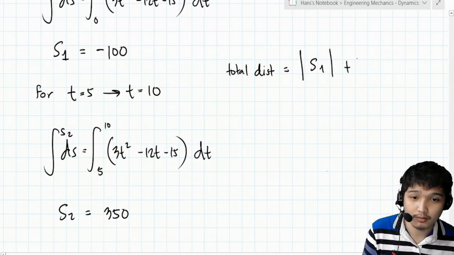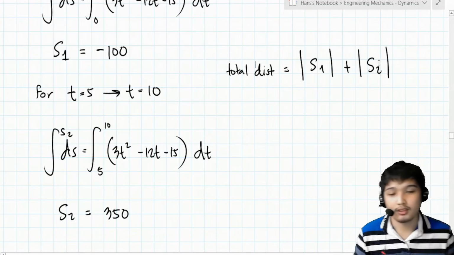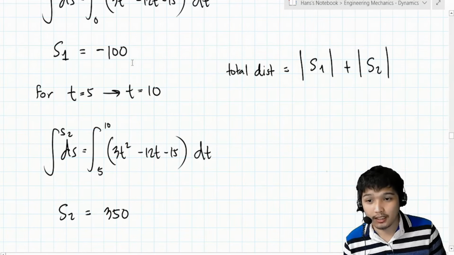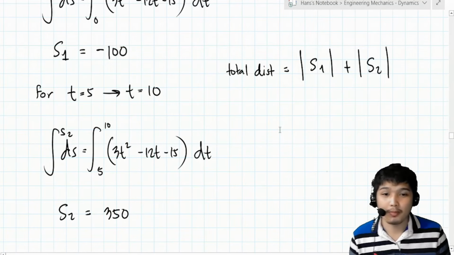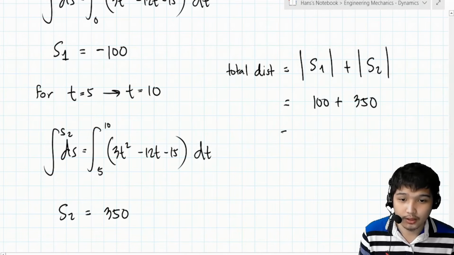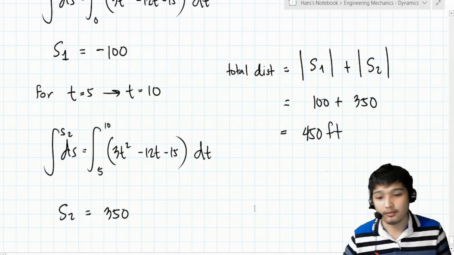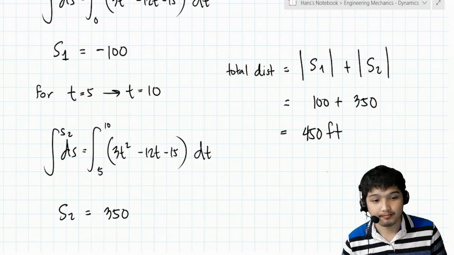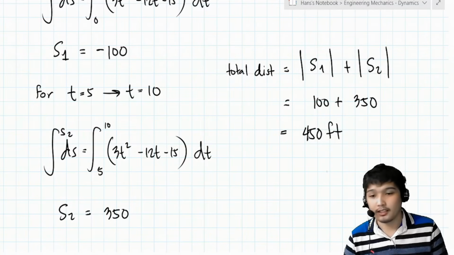Absolute value of S1 plus absolute value of S2. Okay, no, ine-neglect natin yung pagiging negative. So that is what equals sa 100 plus 350. So therefore, the total distance now is the same now, 450 feet. Okay?